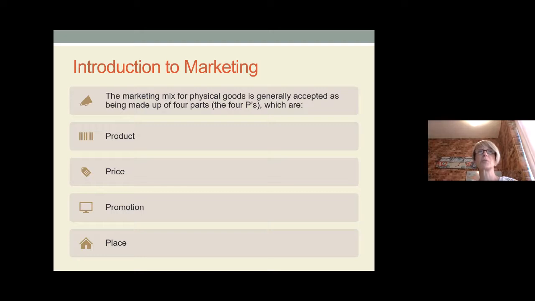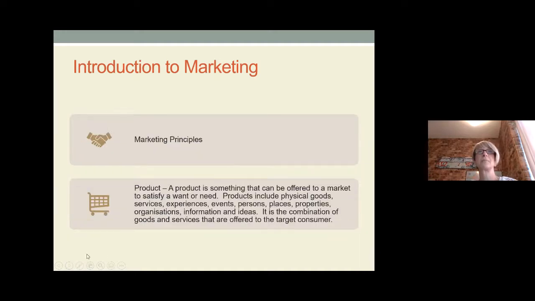So they are product, price, promotion, and place. So the idea being that if you have the right product at the right price, promote it in the right way, and sell it in the right place, you should be successful and be able to launch a profitable product.